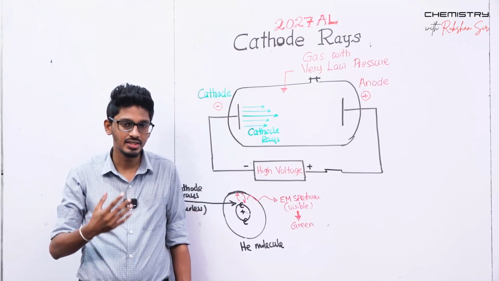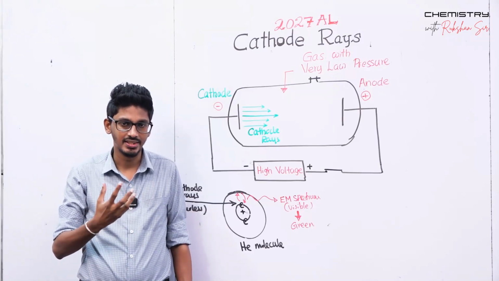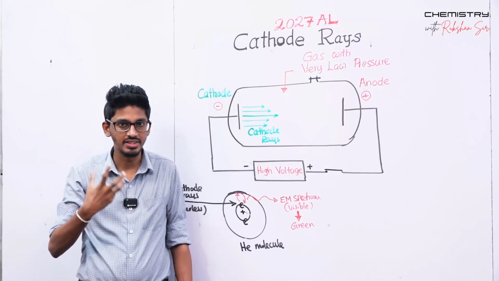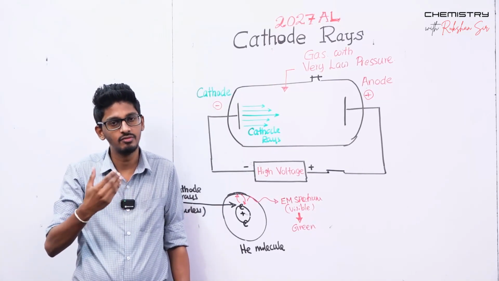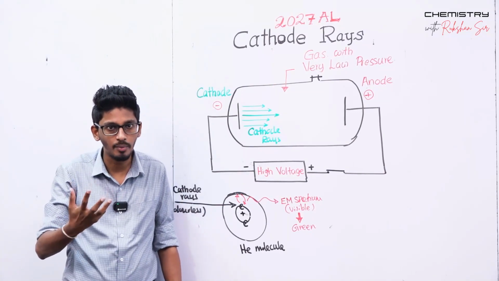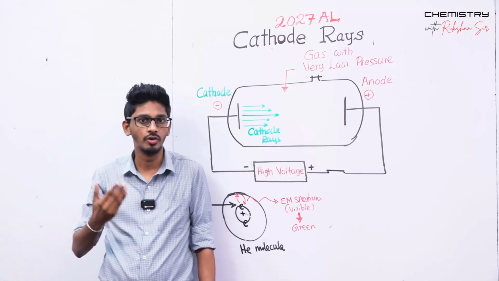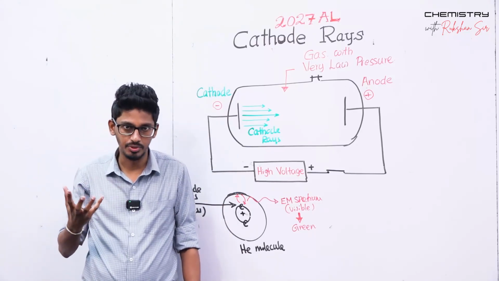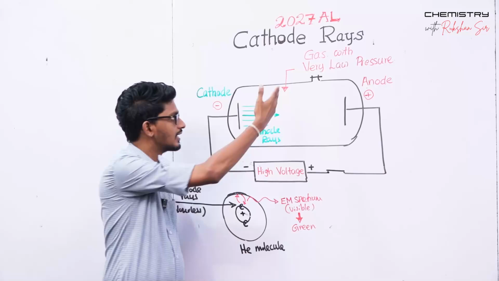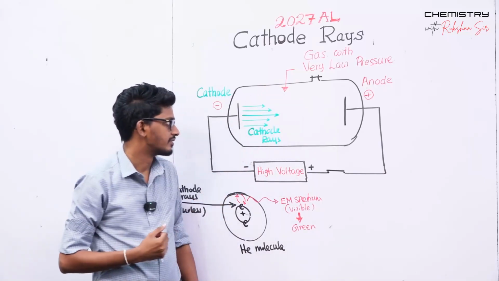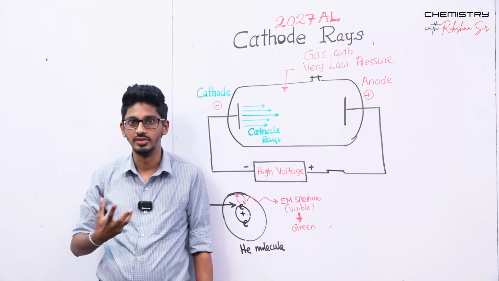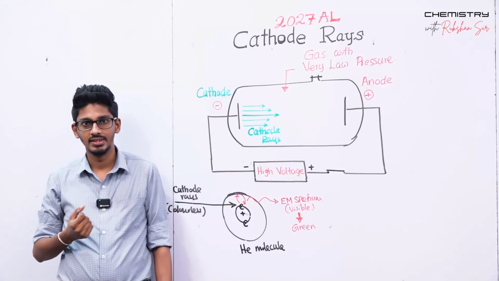Why won't we see the production of cathode rays in a high pressure situation, with normal atmospheric pressure, with 1 atm pressure? We need a very low pressure to observe these cathode rays. Why do we need those low pressures? Any idea?